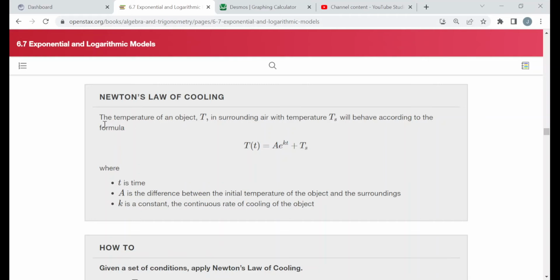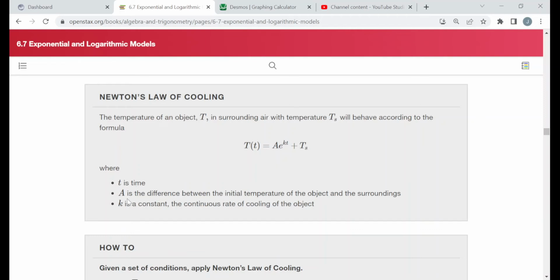So here's Newton's law of cooling. The temperature of an object, capital T, in surrounding air with temperature T sub S will behave according to the formula T of t equals a times e to the kt plus T sub S, where lowercase t represents time.